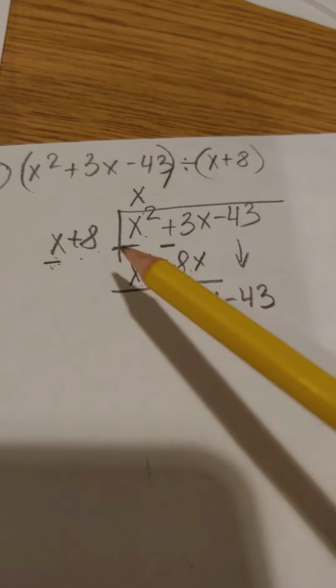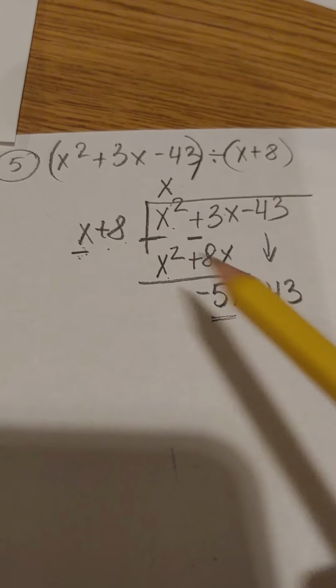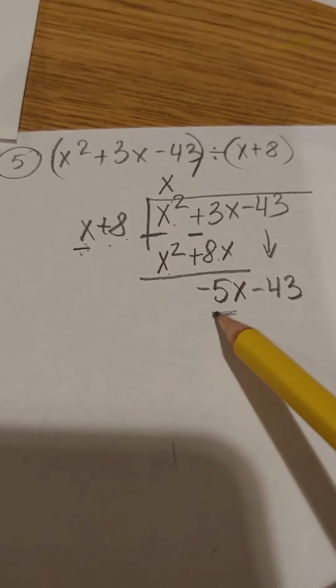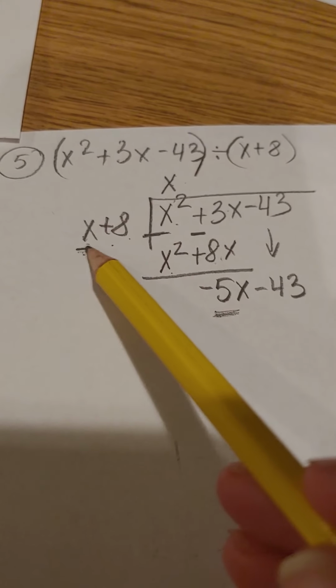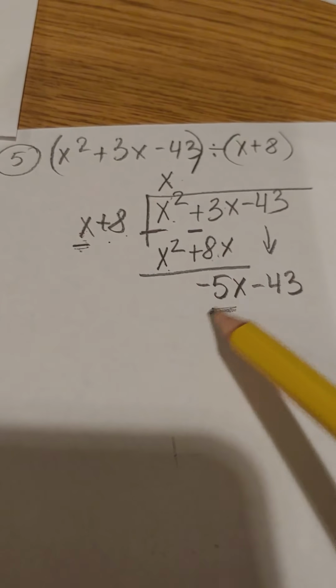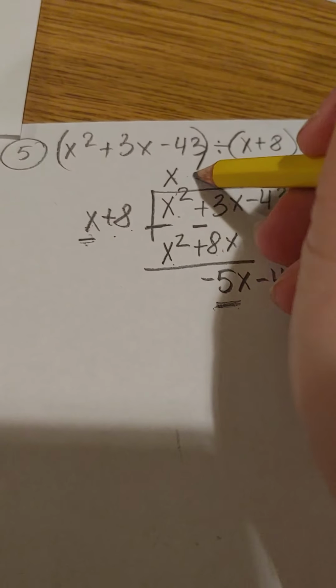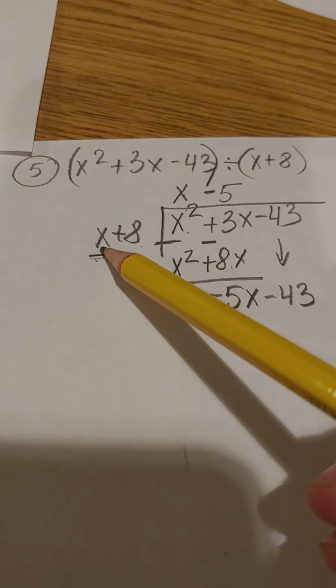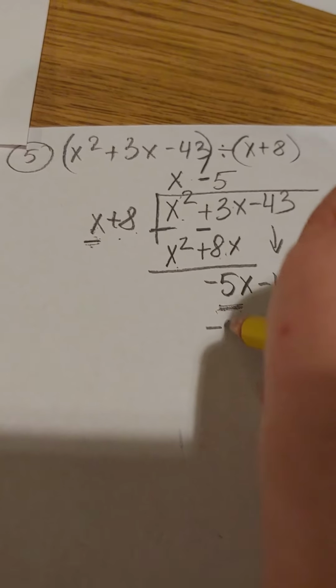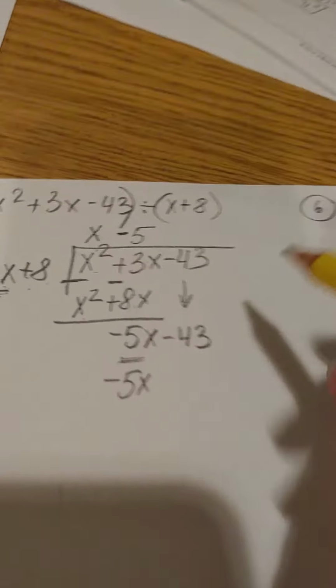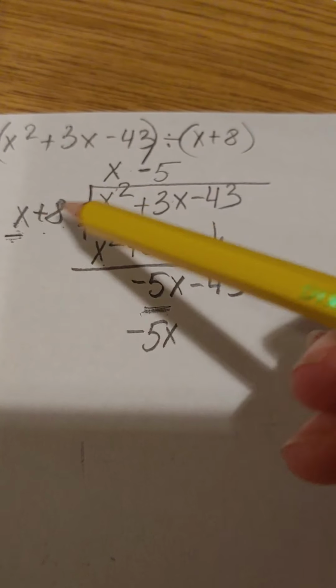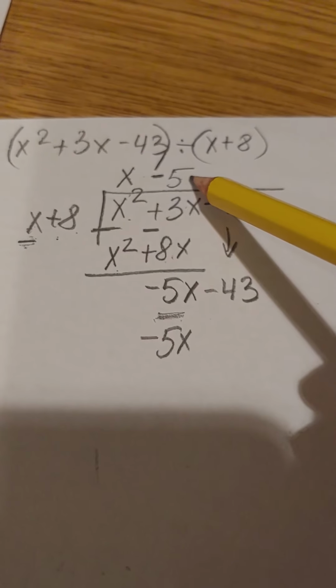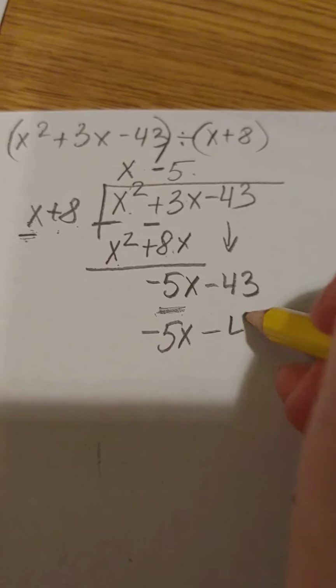Now I'm again asking myself a question. First I'm taking a look at this and this. So x times what is negative 5x? Negative 5. Negative 5 times x is negative 5x. So I'm going to put negative 5x right here. Now 8 times negative 5 is negative 40.